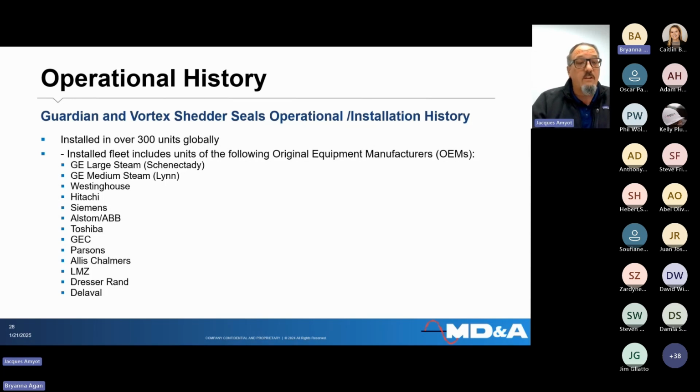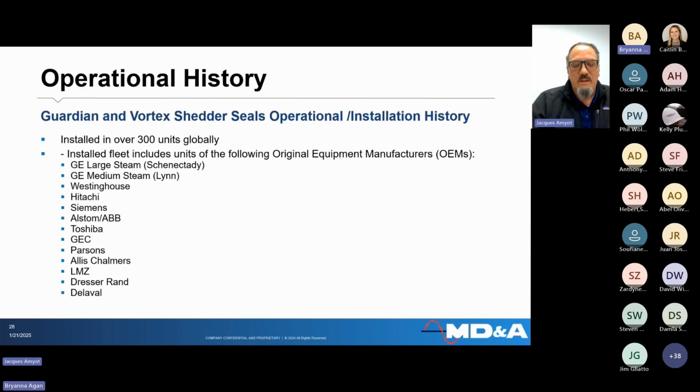We've done it in Westinghouse units, both impulse and reaction design. We've done it in Hitachi, Siemens, Toshiba, GC Parsons, Allis-Chalmers, LMZ, which is a Russian manufacturer, Dresser-Rand, Bilibal. There's probably some I'm missing, but we've applied Guardian Vortex Seal technology across many different OEMs.